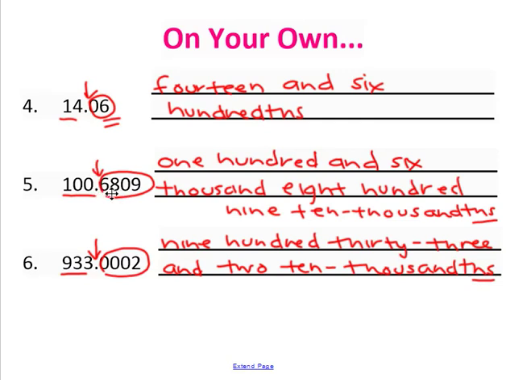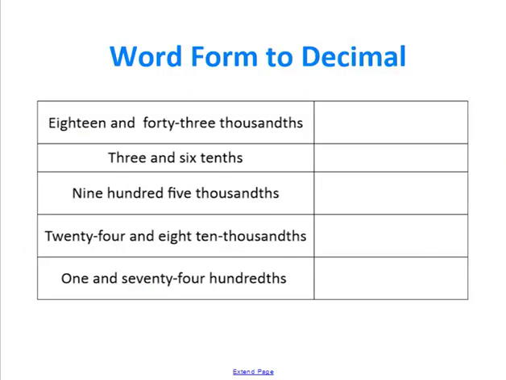Now notice I'm not going to use the word "and" again. 6,809, and then we end in 10 thousandths. Now our last one is 933. Then we have the decimal point and then this one is just 2, but it goes out to the 10 thousandths.